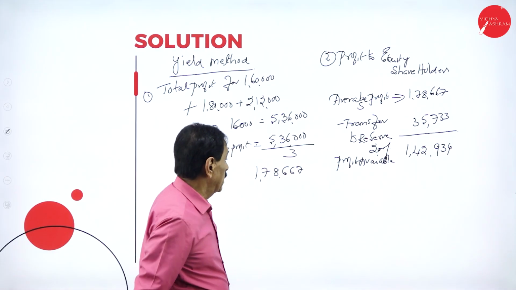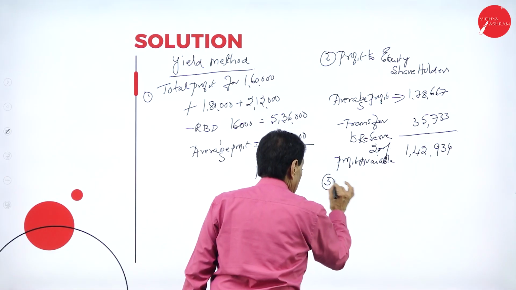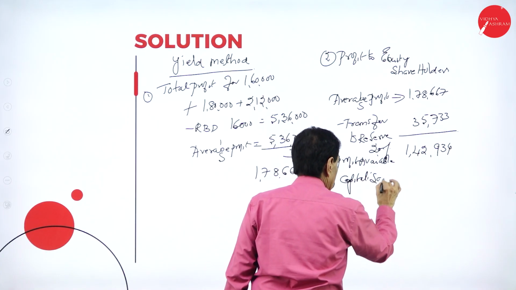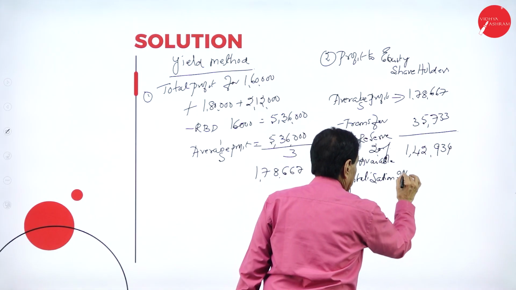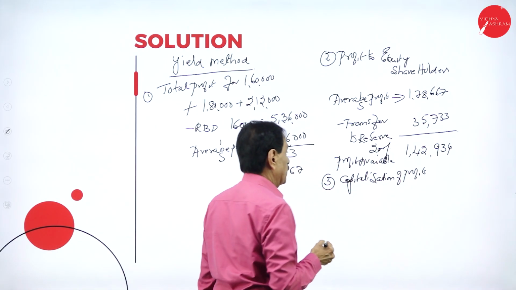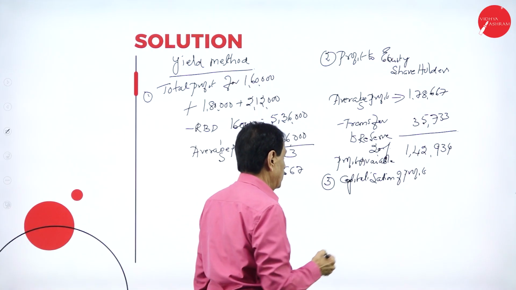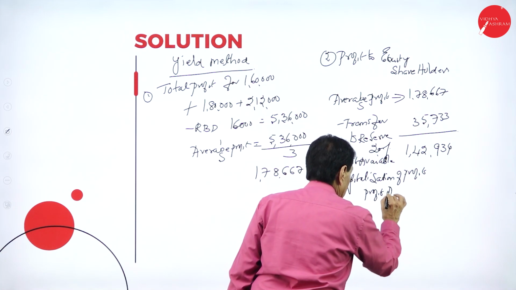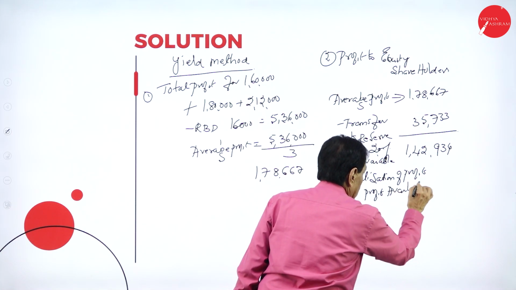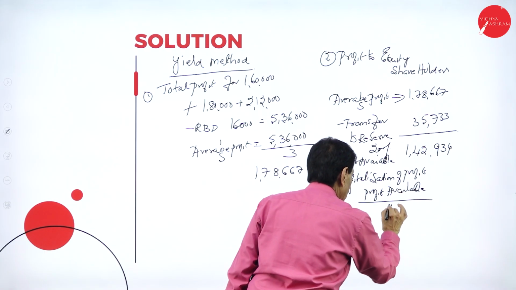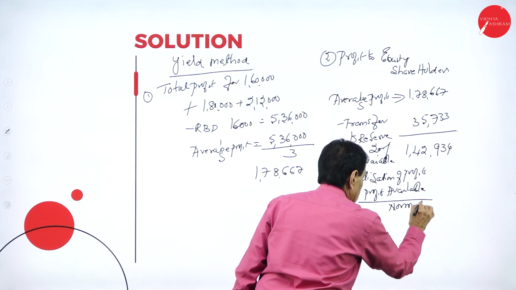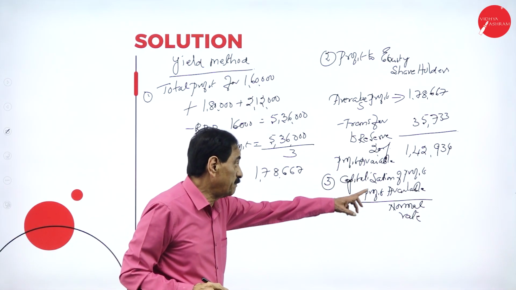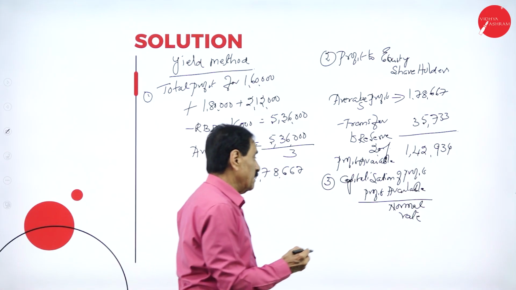Step number 3: capitalization of profit. Formula: profit available divided by normal rate of return. What's the procedure? Profit available divided by normal rate of return.